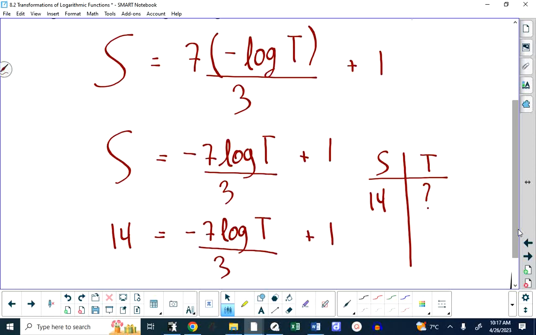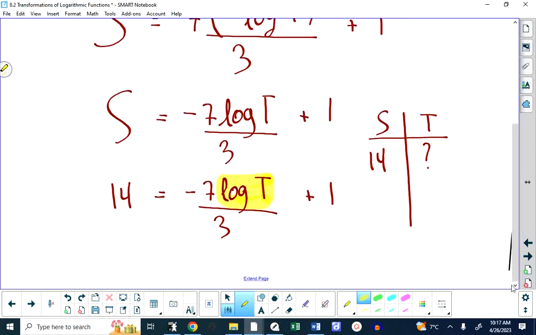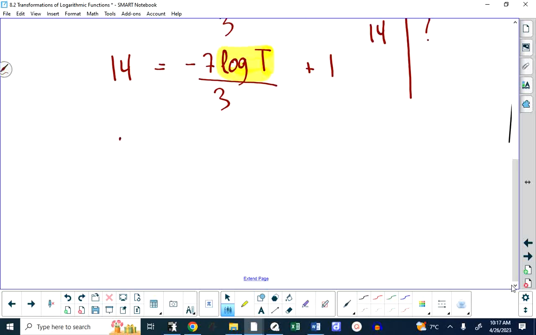And I would say to you that rearranging this equation for log of t is grade 9 math. We have to subtract 1 from both sides to get 13 equals negative 7 log of t over 3. We have to multiply both sides by 3.